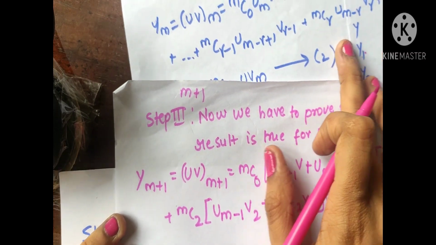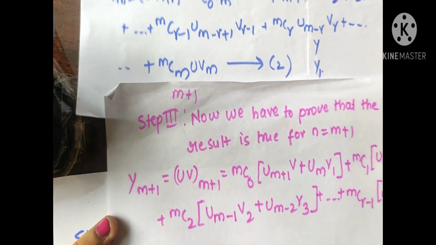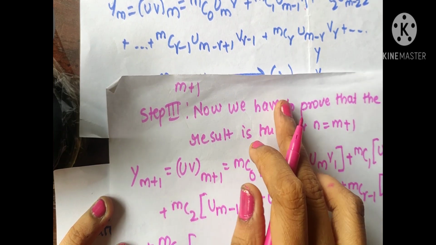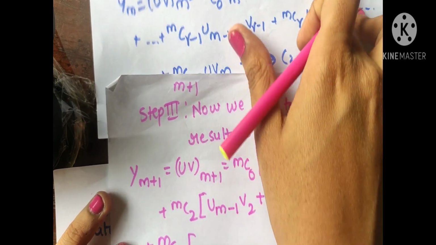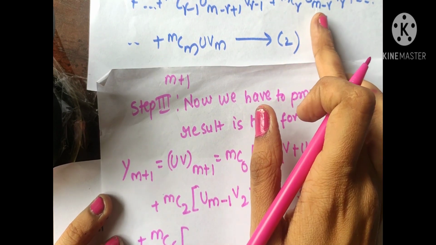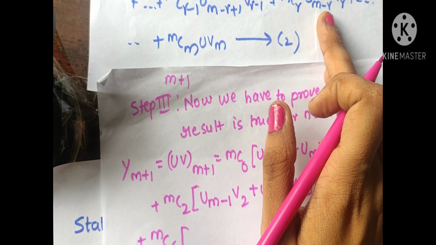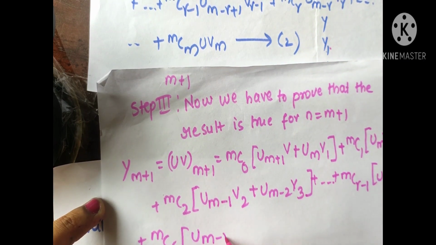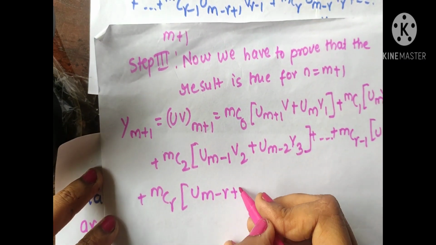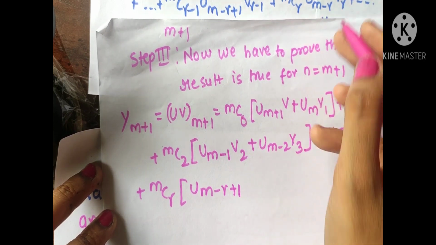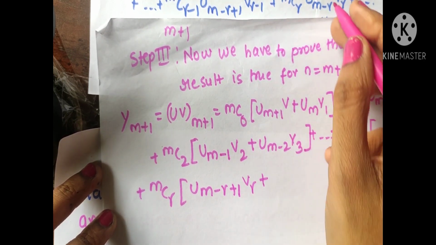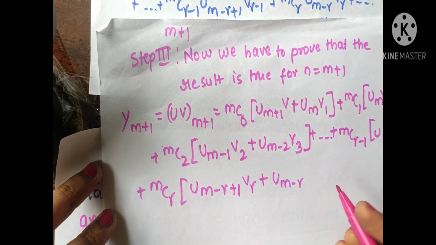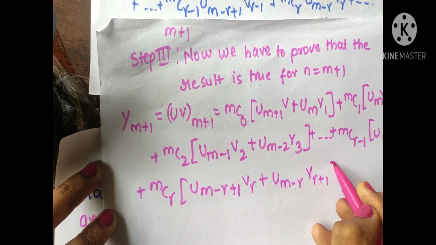Next is mcr, differentiation of um minus r is what? um minus r plus 1, okay, and keeping vr as it is. Again um minus r, keeping um minus r, and differentiation of vr is vr plus 1, okay.